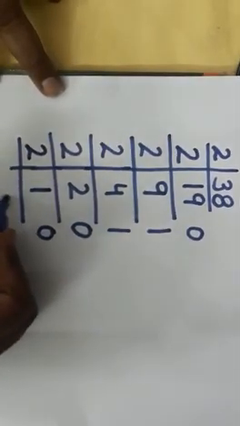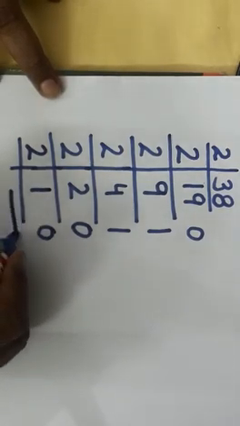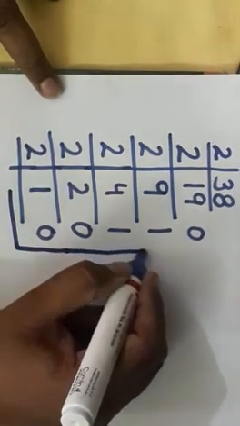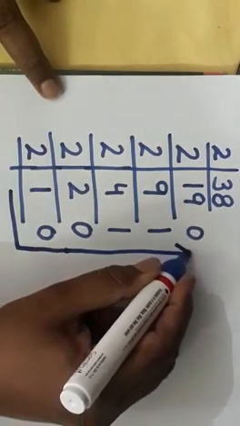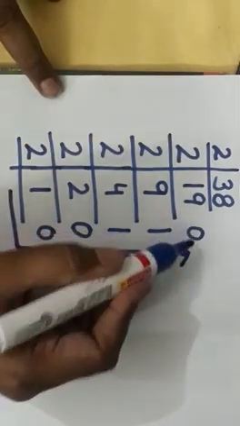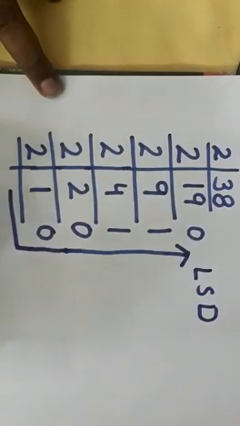Instead of writing 0 here, we can make an arrow like this from bottom to top. This will become our most significant digit and this will become our least significant digit, as you know.